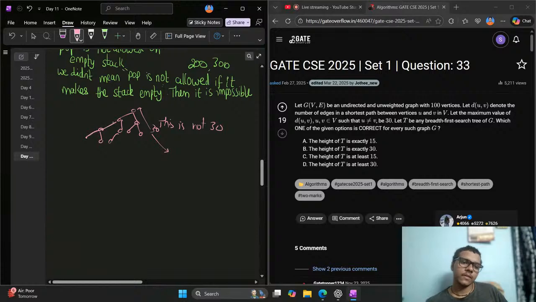Actually this length and this length, let's say. So this length is 30. The height of T is exactly... alright. If we do something maybe like this.